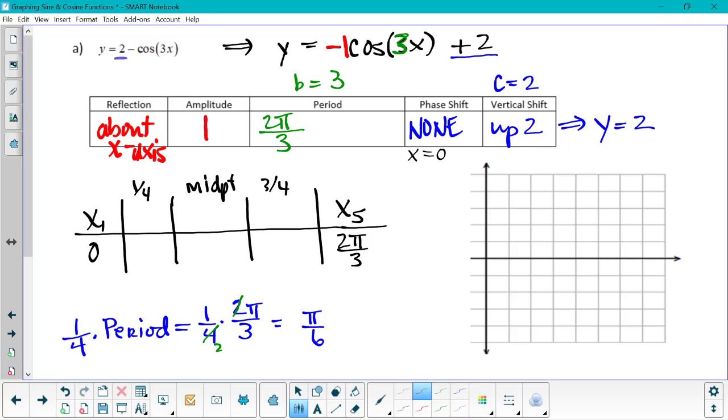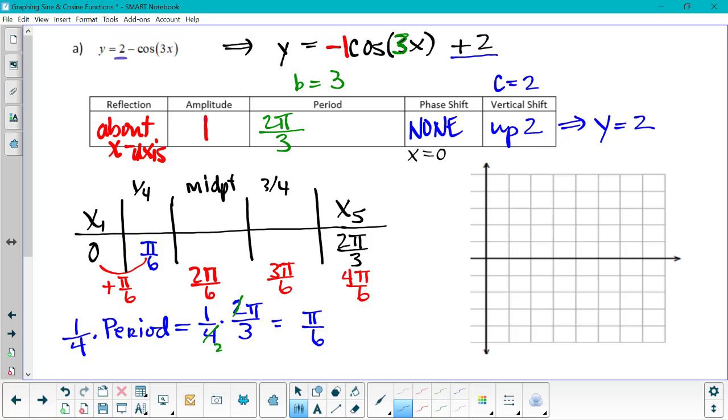So what I can do then is just add pi over 6 consecutively. So I get pi over 6. Then if I add another pi over 6, I have 2 pi over 6, which we should reduce, but I'm going to keep going and keep adding pi over 6. Then I have 3 pi over 6, and then I have 4 pi over 6.